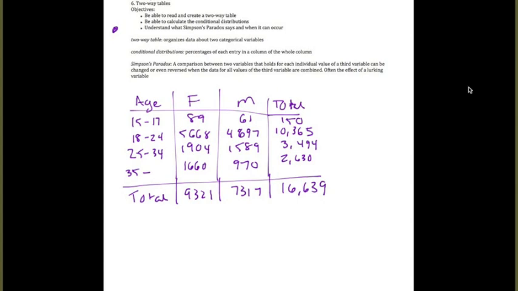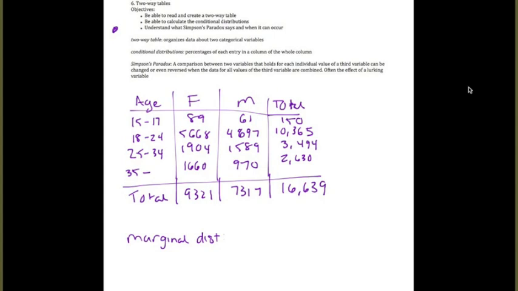One way that we can analyze what we see in this chart is to create what are called marginal distributions. If we look at just one particular category, the distributions of gender alone or age alone are called the marginal distributions.